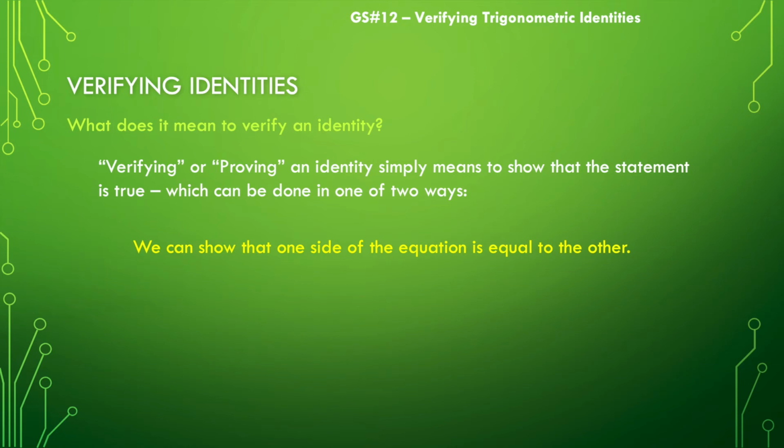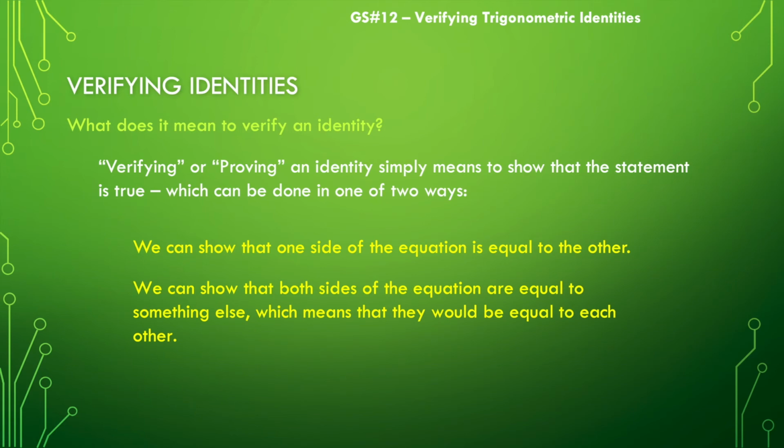And the other way is we can show that both sides of the equation are equal to something completely different. So the left-hand side is equal to something different and the right-hand side is equal to that same something different. That would mean that they are equal to each other. We can use either one of those techniques.